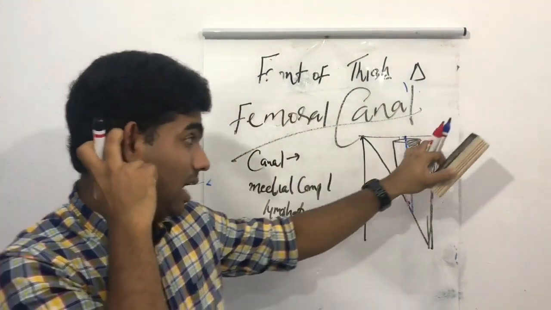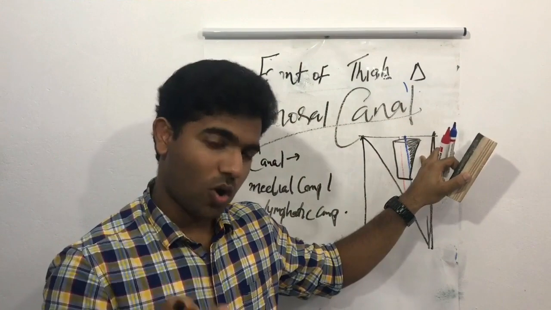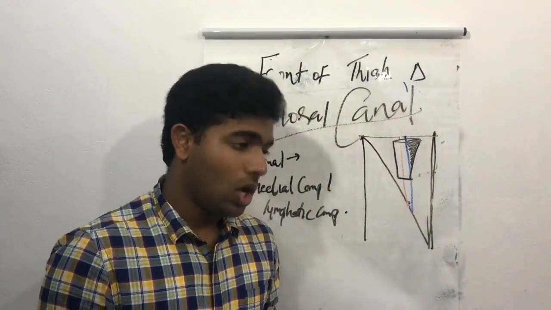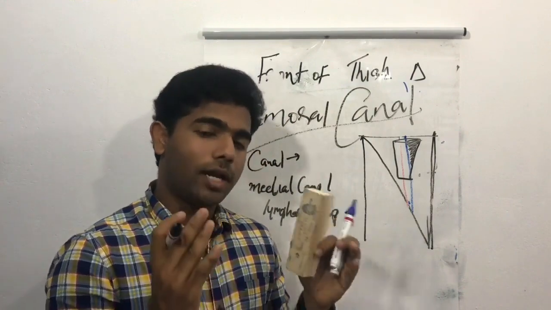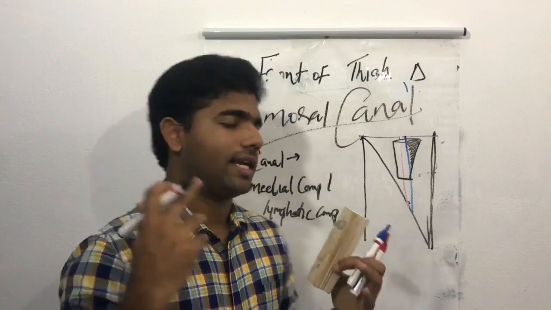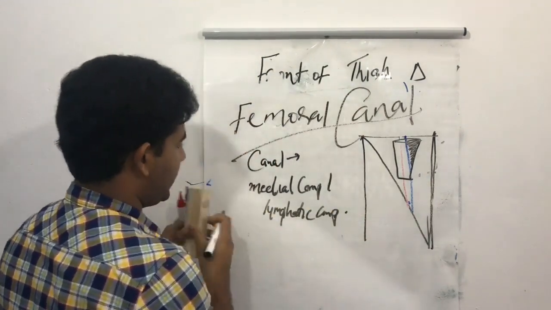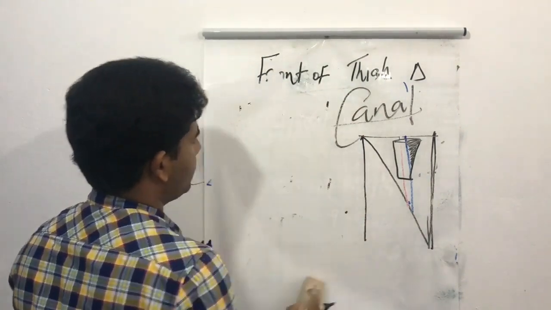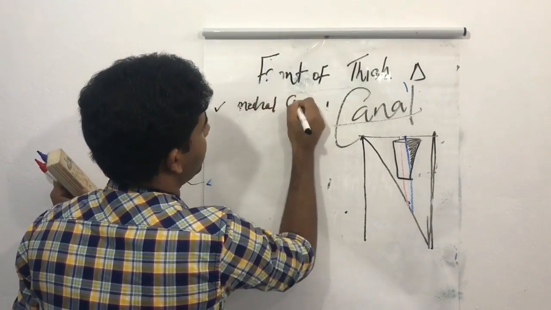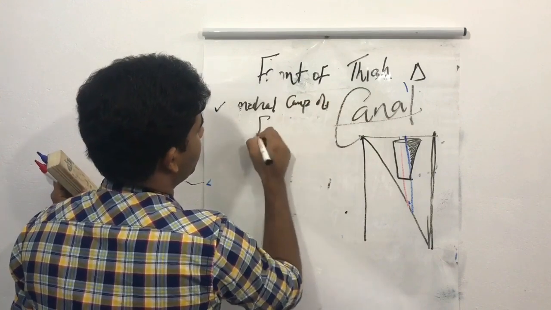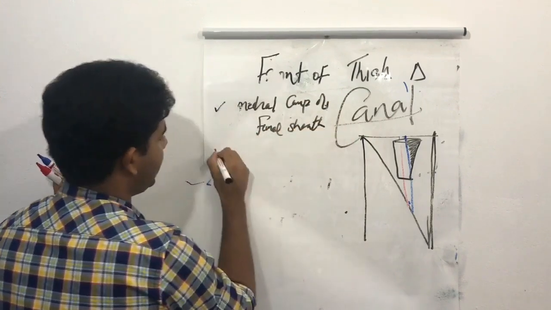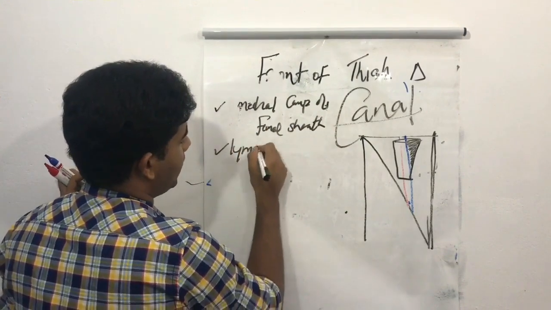So it is the medial compartment of the femoral sheath, the lymphatic compartment, and that is known as the femoral canal. It contains lymphatics.